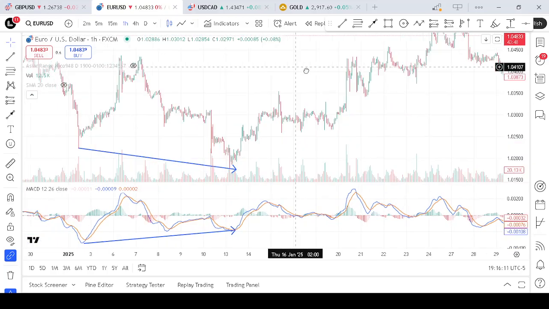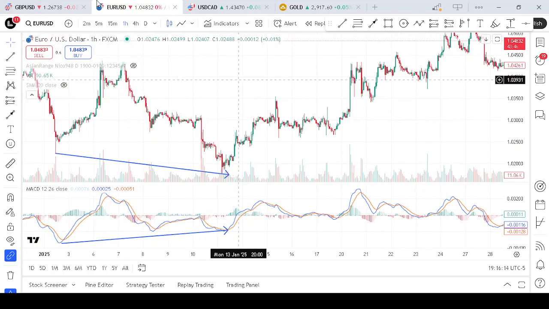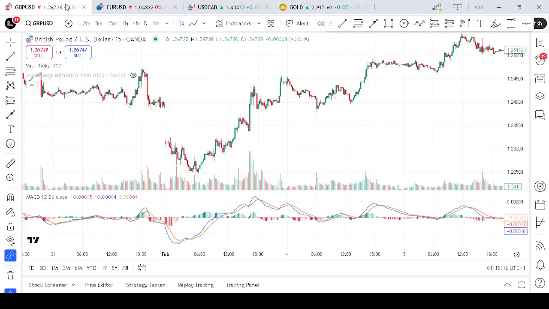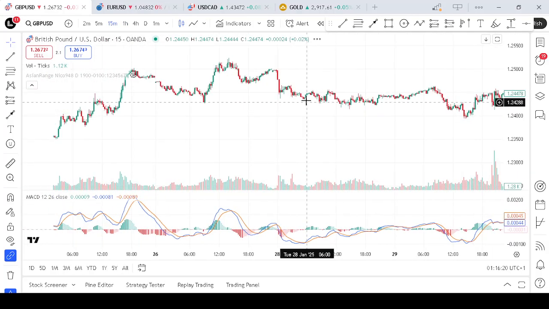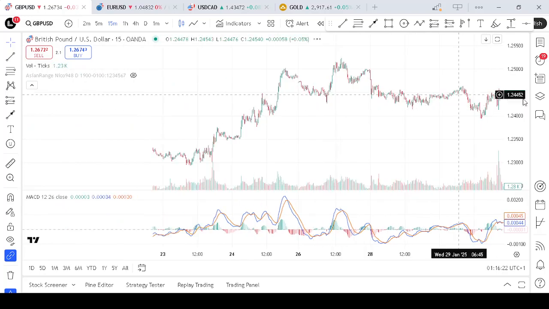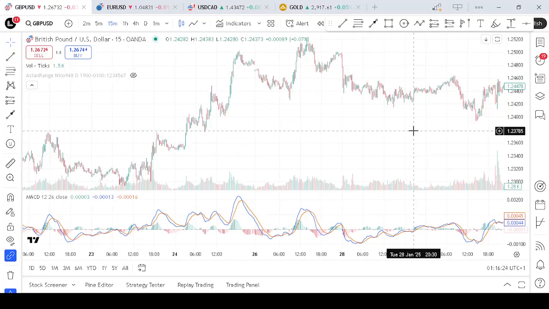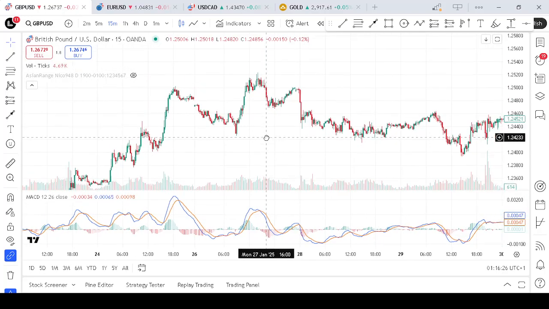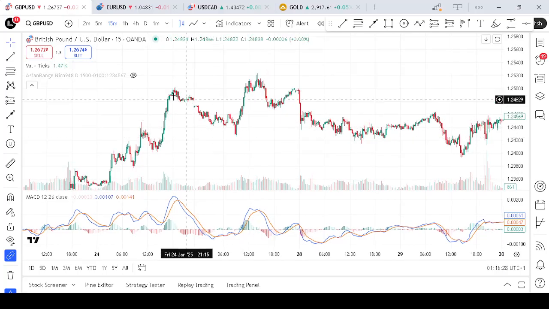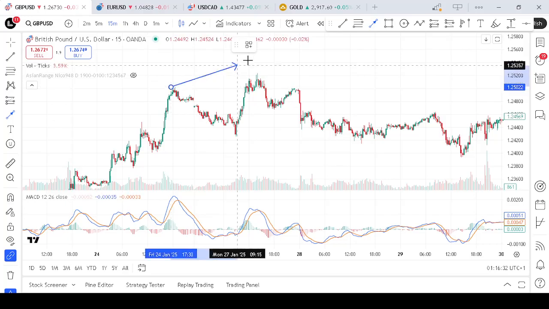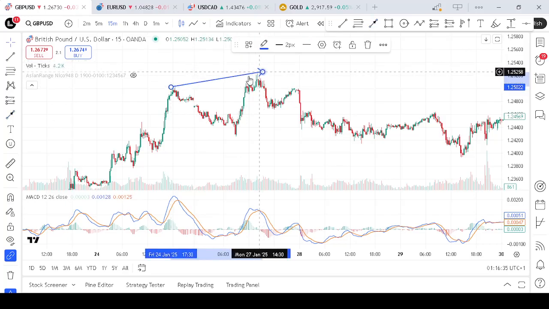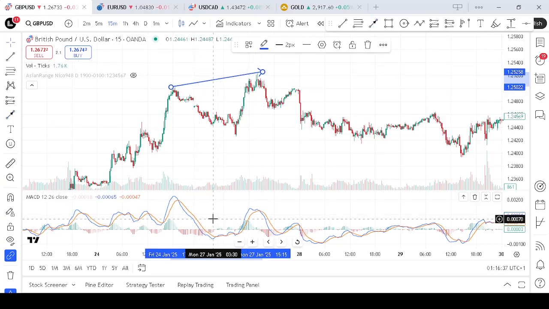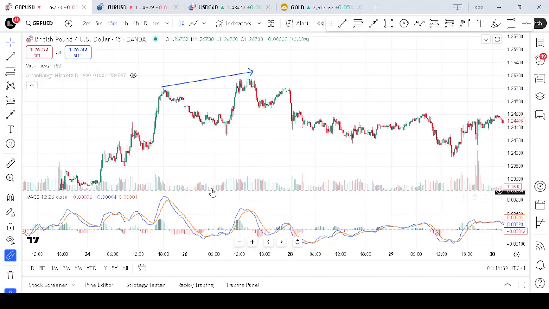Then let's explain that of a bearish divergence. In case of a bearish divergence, it occurs when price makes a series of higher highs and the MACD is making a series of lower highs.